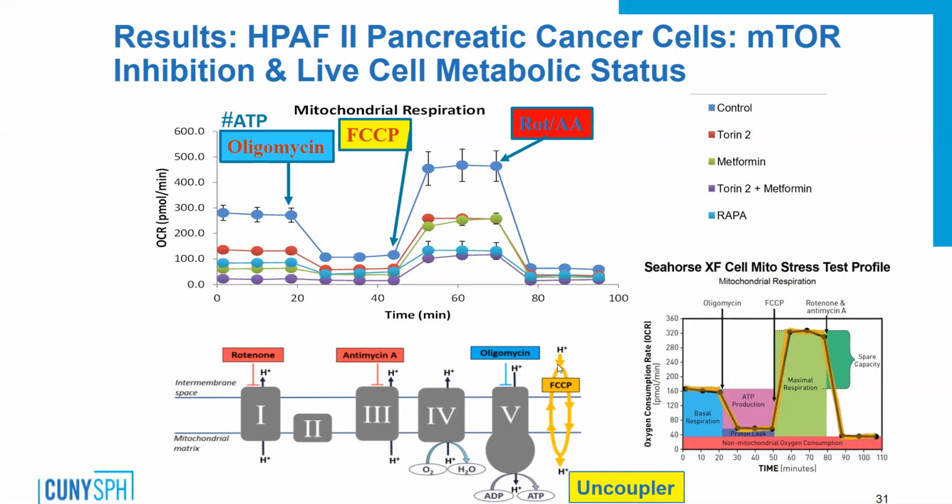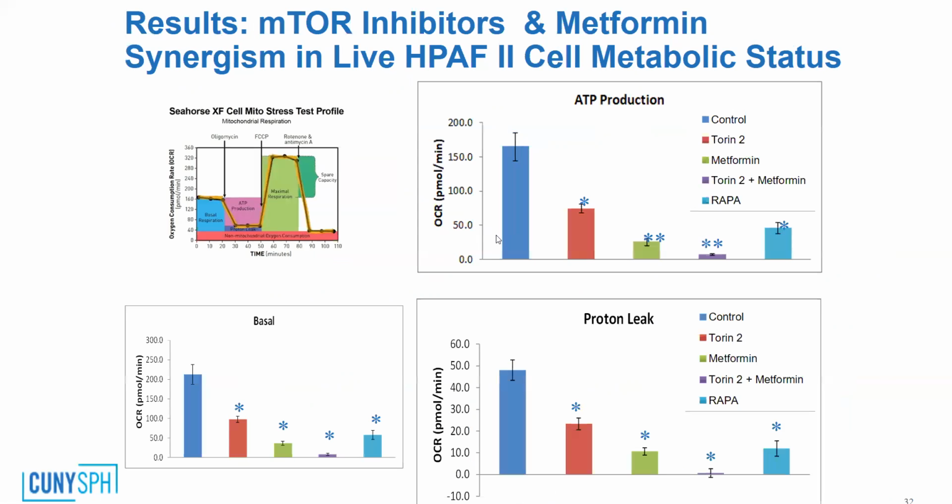Then using the uncoupler FCCP, which uncouples oxidative phosphorylation, we were able to see the differences again between the control and the different treatments, and there was a significant reduction in the mitochondrial respiration. And after addition of the rotenone and antimycin, which inhibit both complex 1 and complex 3, the difference was maintained, a significant difference between the control and the treatments.